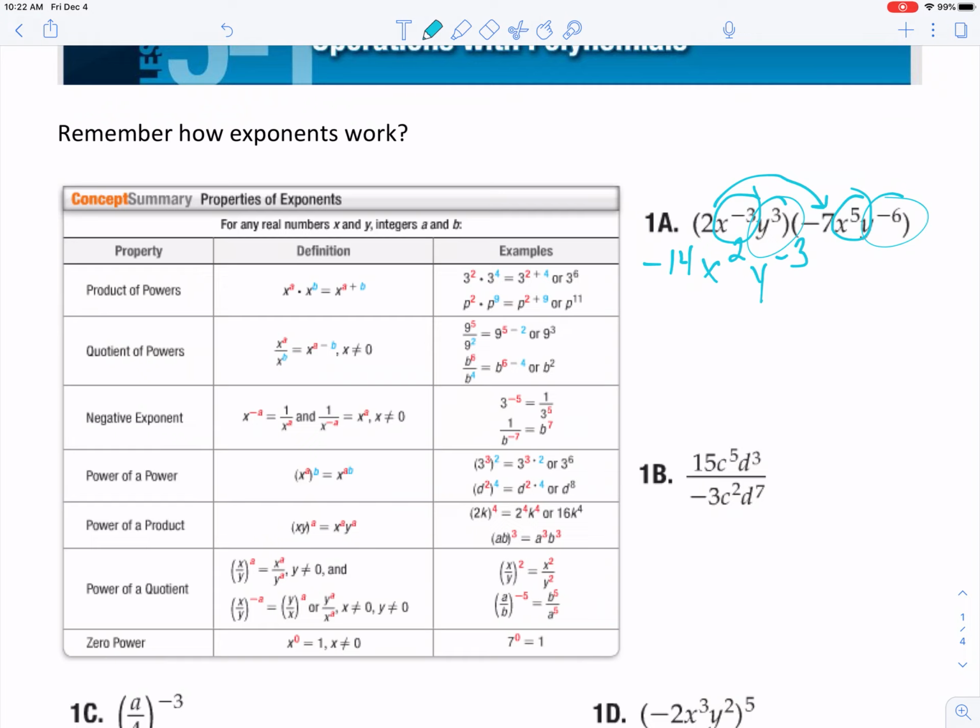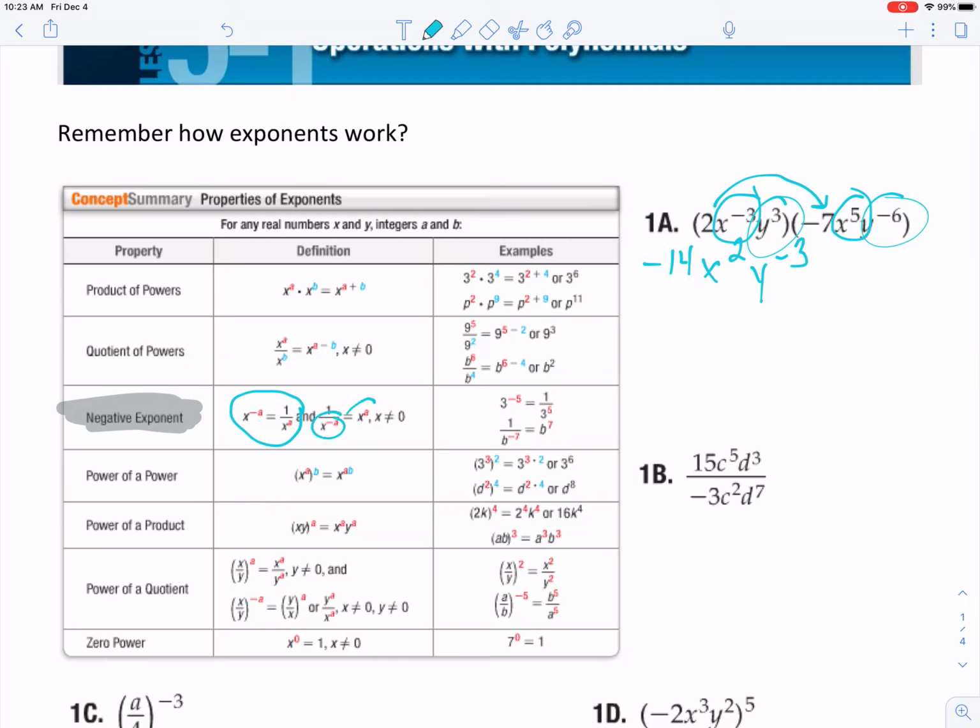Now, unfortunately, that is not our answer, because check out this rule over here, negative exponent. It turns out we don't like negative exponents, but you can flip which side of the fraction it's on, and that will turn it positive. See that right there? It was a negative a, now it's a positive a by simply putting it on the bottom of a fraction.